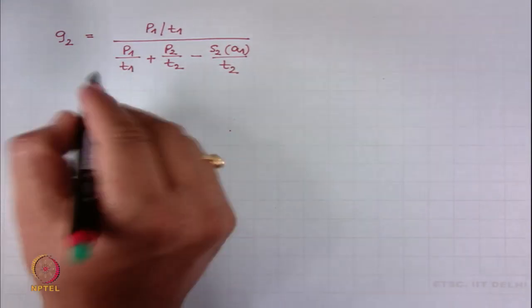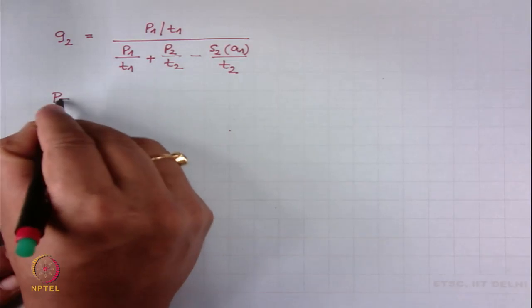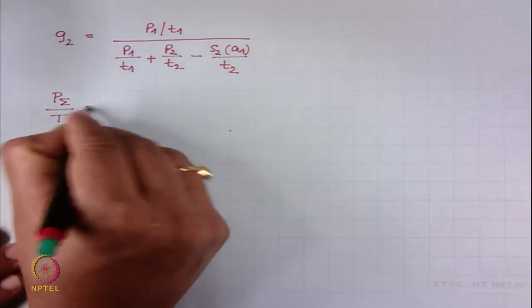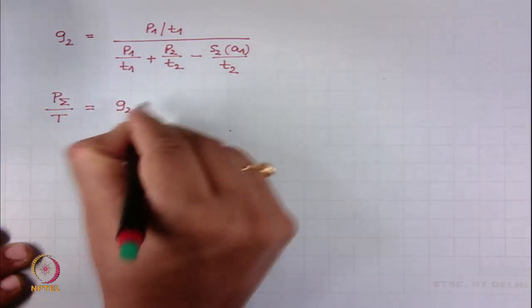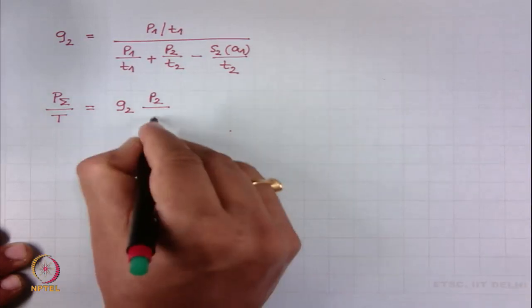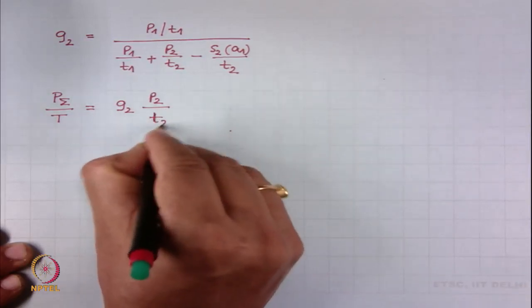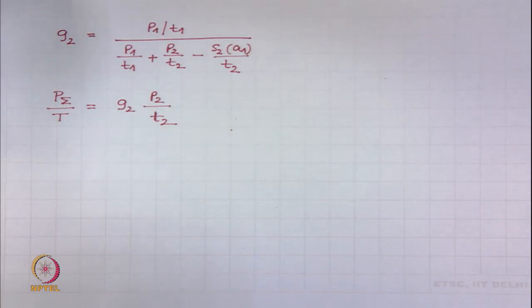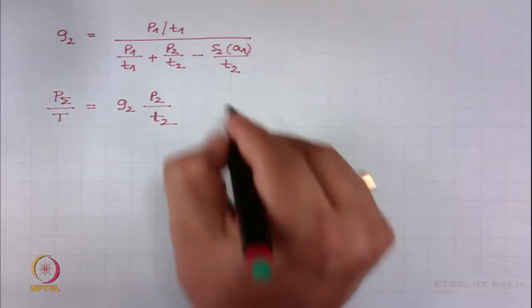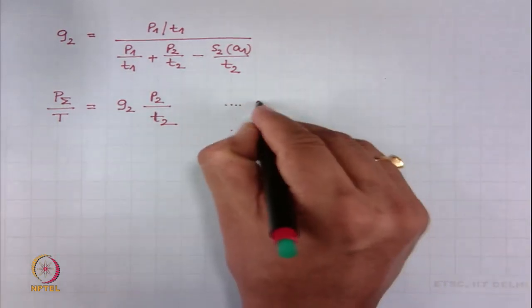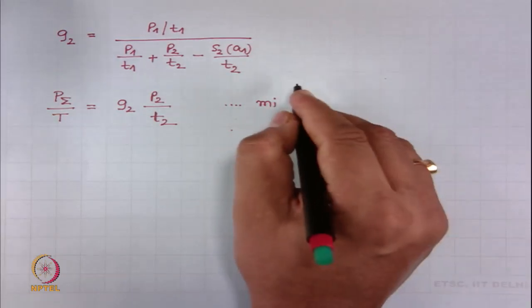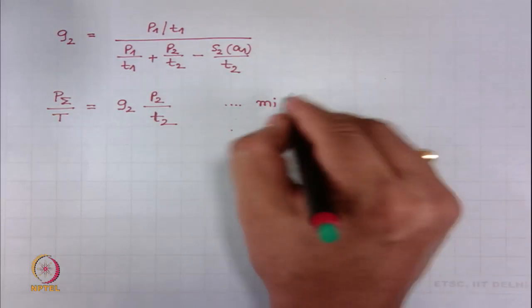And at that blend ratio bundle tenacity will be G2 P2 by T2. So, this is the minimum bundle tenacity which we must avoid in practice.